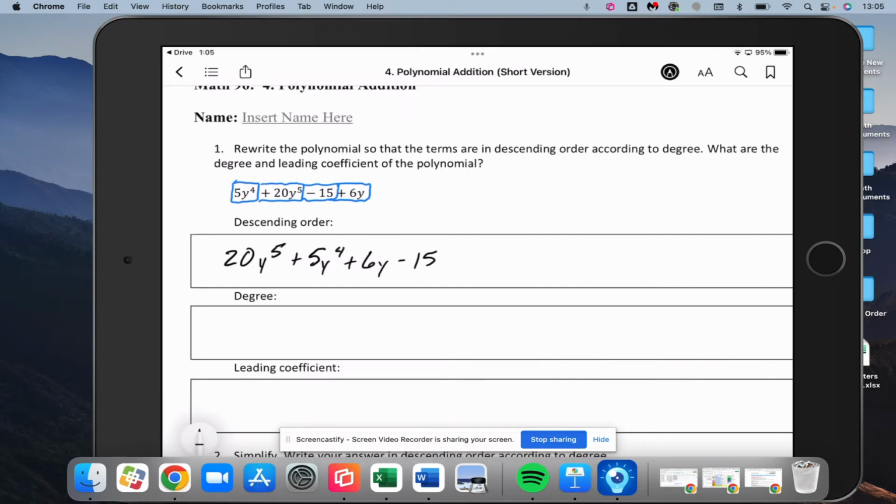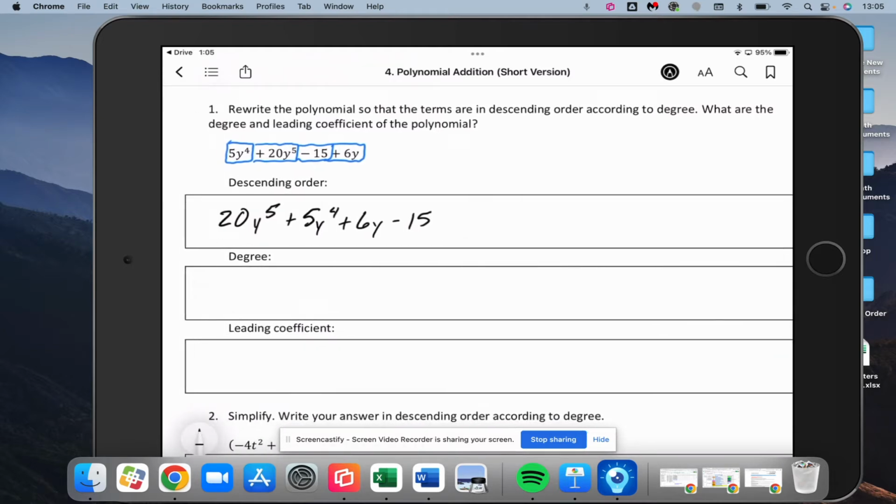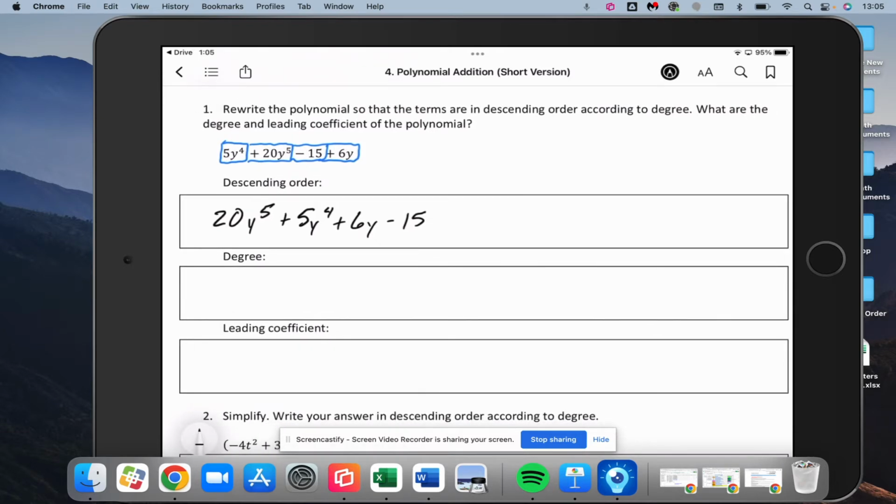So the degree of this polynomial, when we give the degree of a polynomial, we basically are identifying whatever the highest exponent is. And so this polynomial would be to the degree of 5. And then our leading coefficient, there's kind of a couple ways to answer this. I'm not exactly sure how Alex is going to want you to answer it, but the leading coefficient is the number that's in front of the variable.